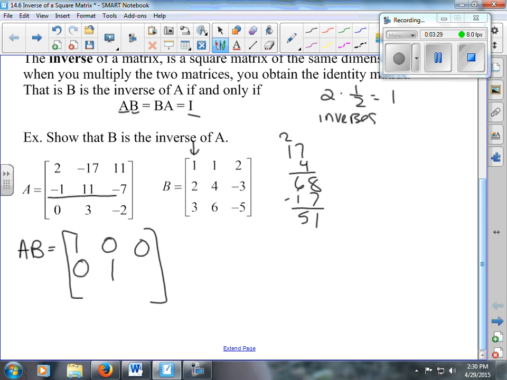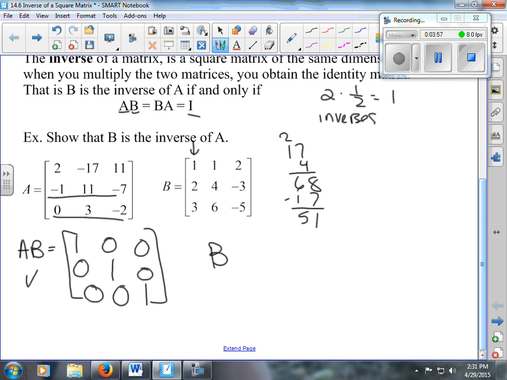Then negative 2 minus 33 plus 35 is 0. Then the last row: 3 times 2, that's 6, minus 6 is 0, then 12 minus 12 is 0, and negative 9 plus 10 is 1. And so, yes, that's the identity matrix.